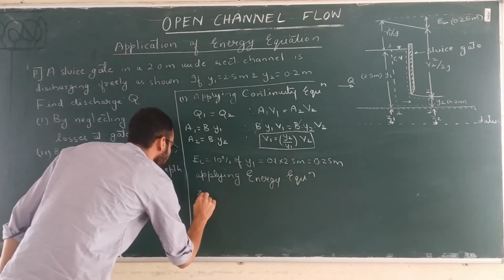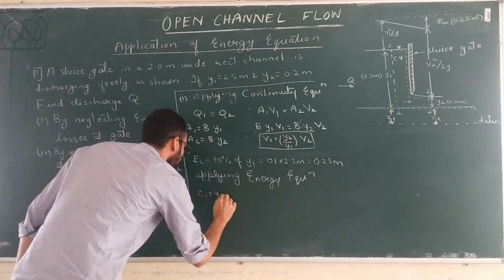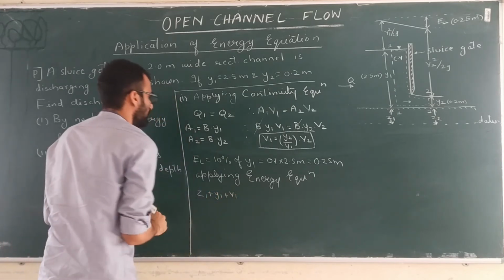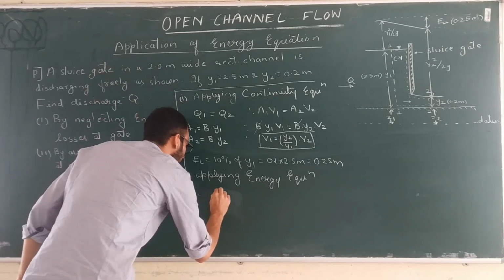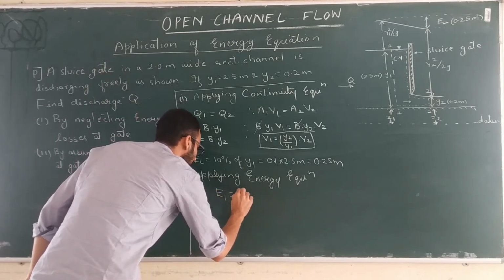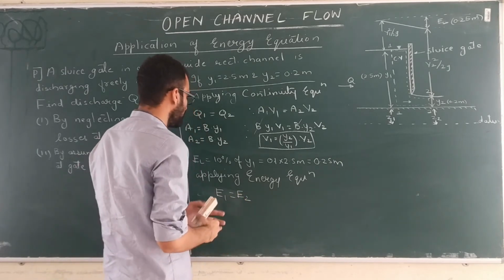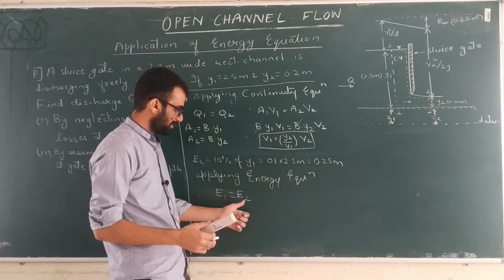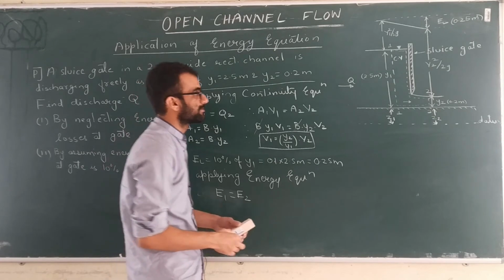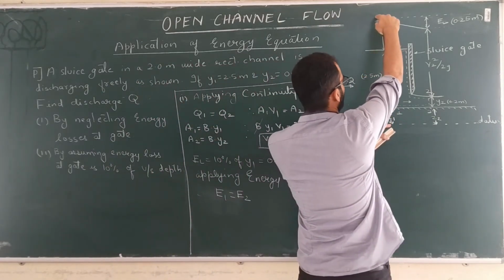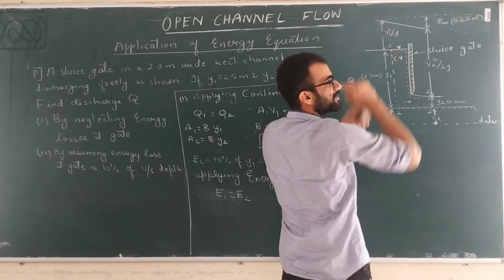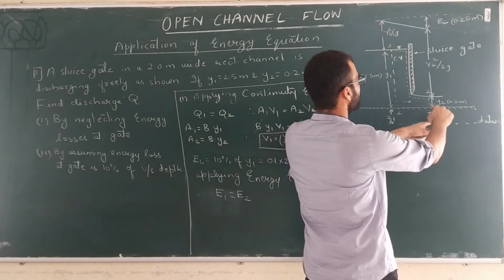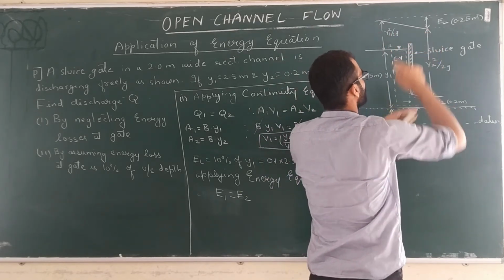So we have Z1 plus Y1 plus V1 square by 2G. Okay, before that I'll write in a simple form: E1 should be equal to E2. Will E1 be equal to E2? No, E1 will be equal to E2 plus the energy loss. E1 is Z1 plus Y1 plus V1 square by 2G, and E2 is Z2 plus Y2 plus V2 square by 2G.